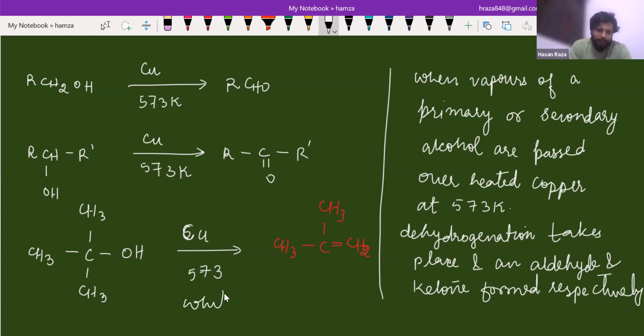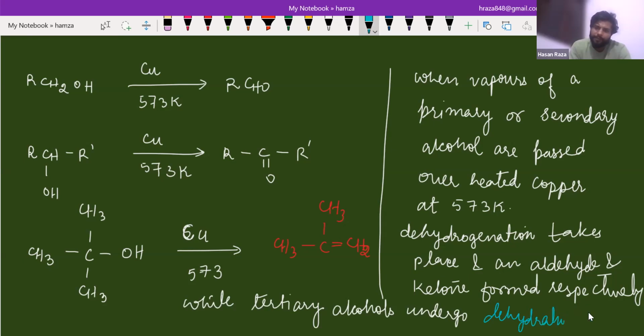While tertiary alcohol undergoes dehydration. That's why alkene formed. So please do write it and let me know when you are done with this.